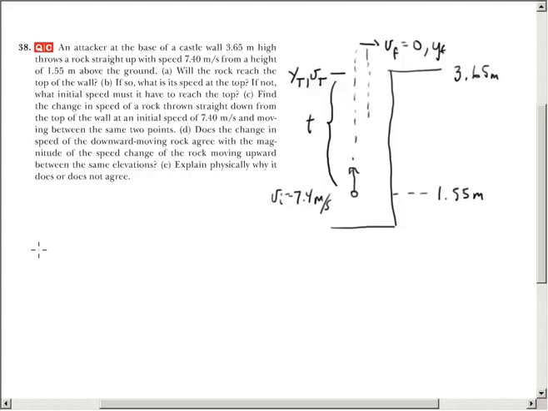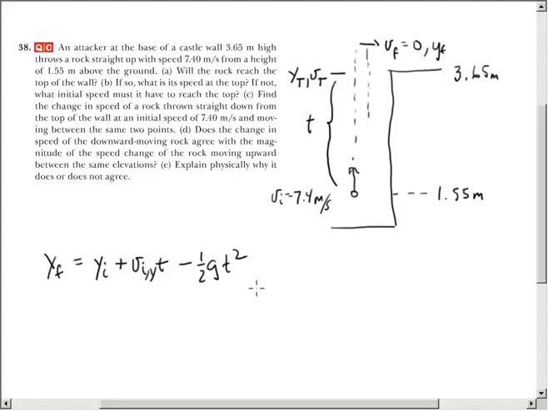And if you remember, we know that the final position YF is equal to the initial position YI plus whatever initial velocity in the Y direction times the time minus 1/2 g times the time squared.